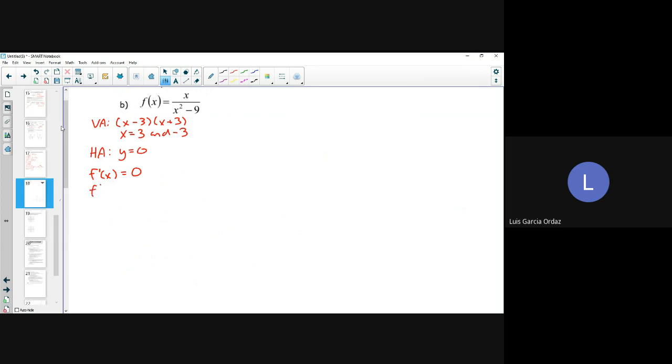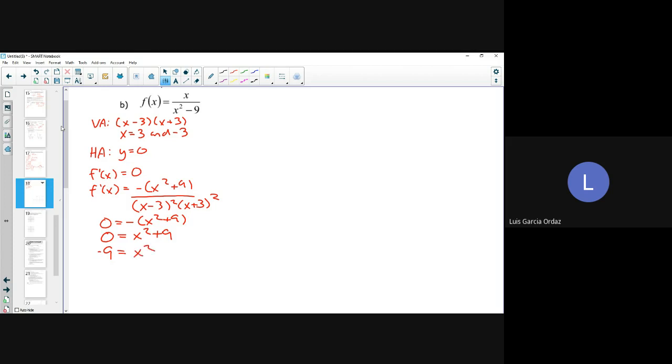If I do my derivative, I would get negative x squared plus 9 over x minus 3 squared times x plus 3 squared. I set that equal to 0. If I cross multiply, my denominators go away. I get negative x squared plus 9 divided by negative 1. I get 0 is equal to x squared plus 9. I move the 9 over.